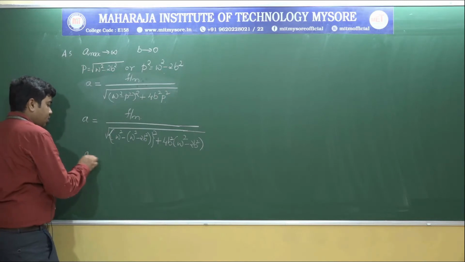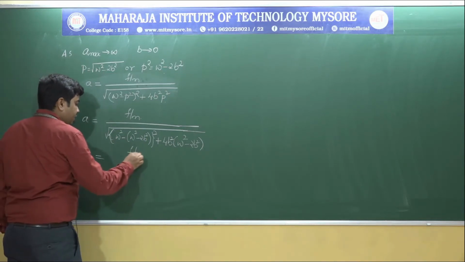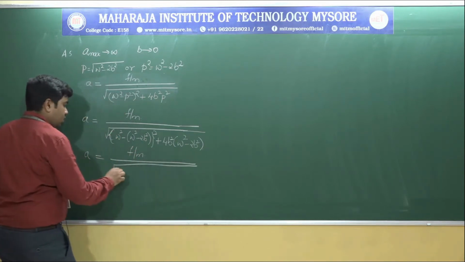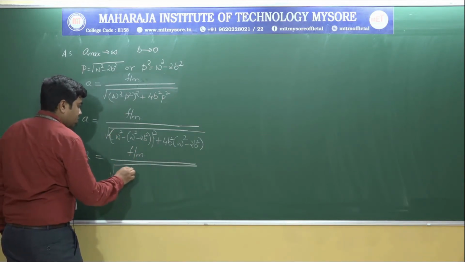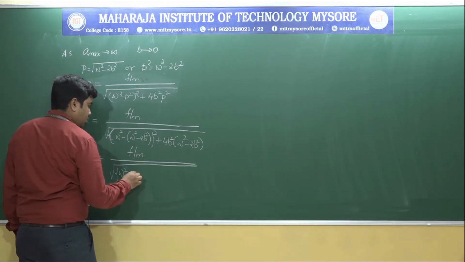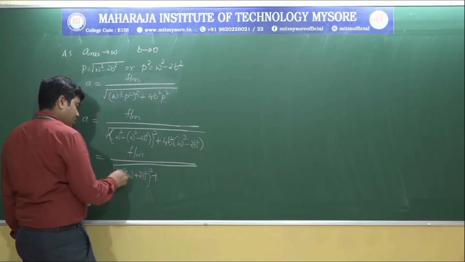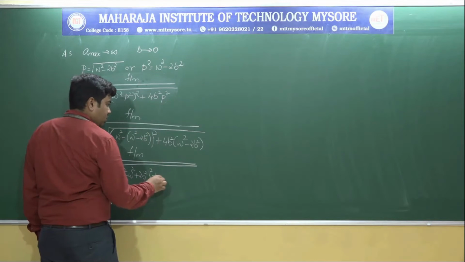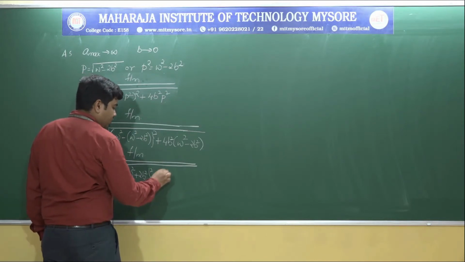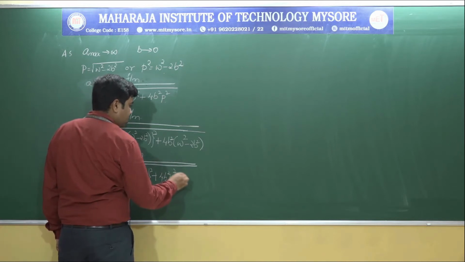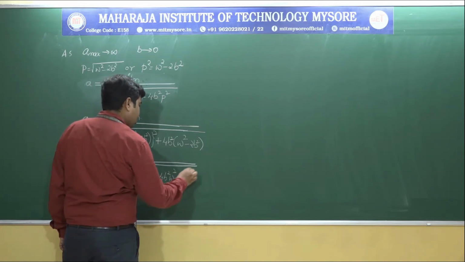Now we will simplify this. A is equal to F by m whole divided by square root of omega square minus omega square plus 2b square whole square plus 4b square omega square minus 8b to the power of 4.